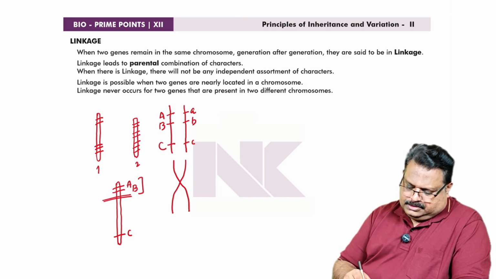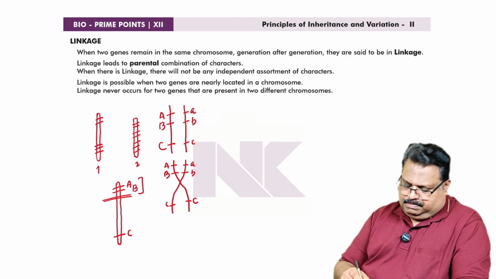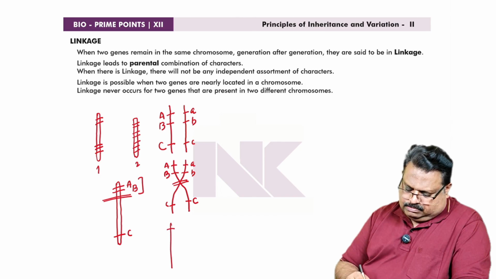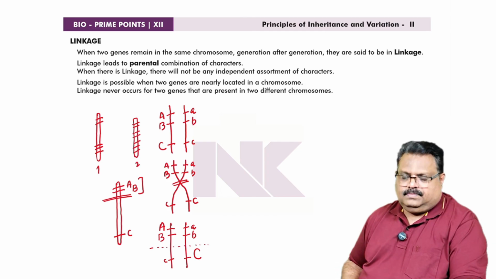So here will be capital A, here will be capital B, here will be capital C. Here small a, small b, small c. So after their separation, they will break here. After separation, you can see that here comes capital A, capital B and small c. Here comes small a, small b, but capital C. Okay, because crossing over occurs here.